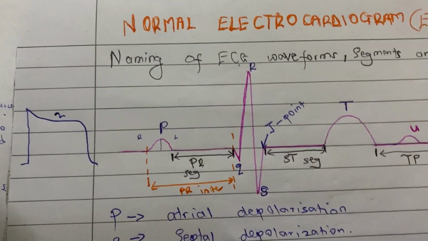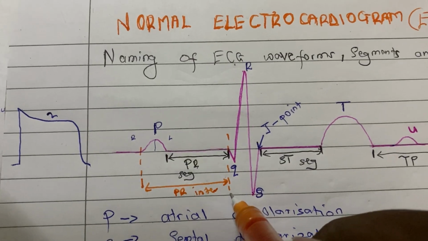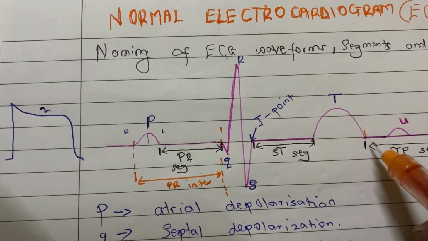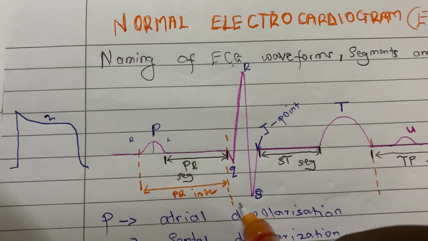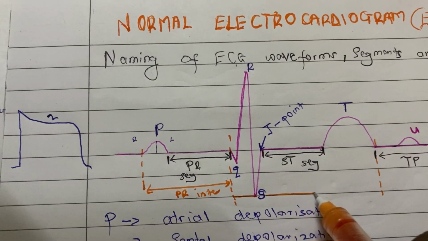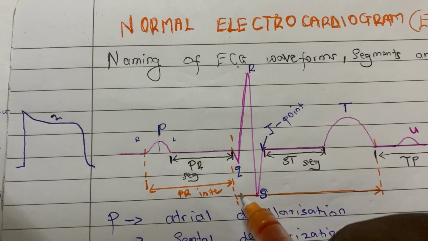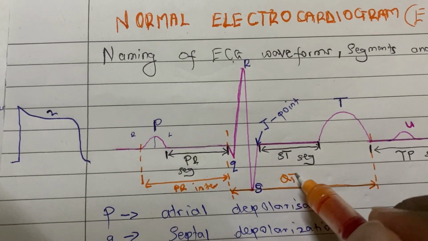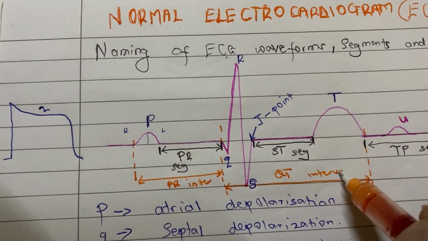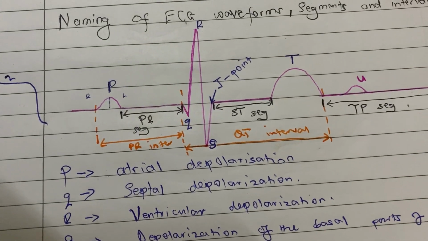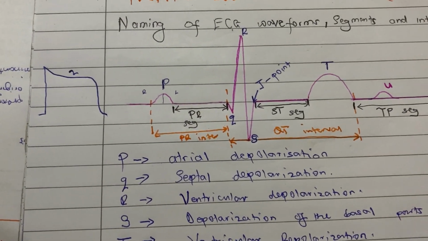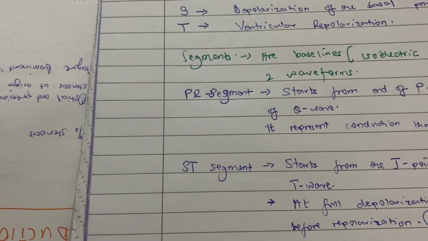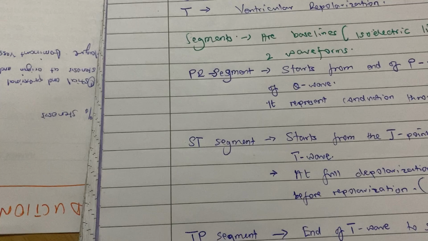And then we have QT interval from the start of QRS to end of T wave. This is QT interval. Start of QRS to the end of T wave.